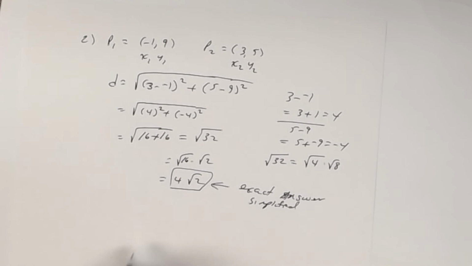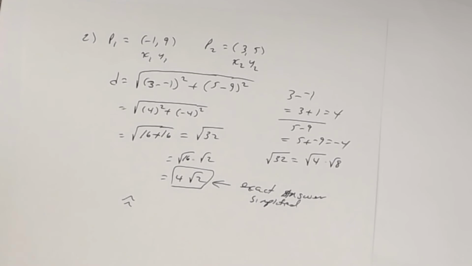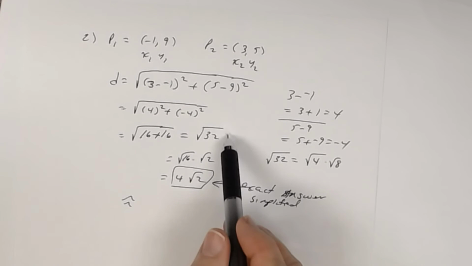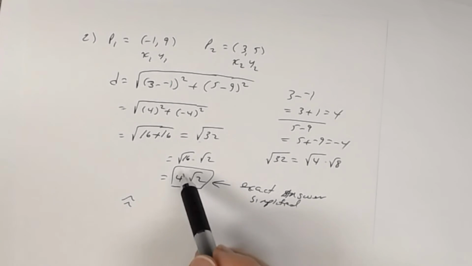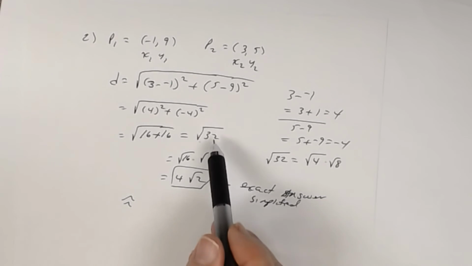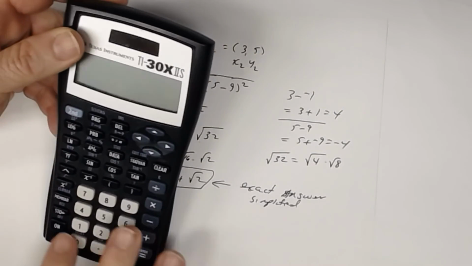Okay? Now let's do the approximation. For the approximation, use your calculator. Now, what I would do is I would do both of those because they have to be equal. Since I simplified this, just to make sure that what I have is correct, let's do both of those. So let's do the square root of 32 first.